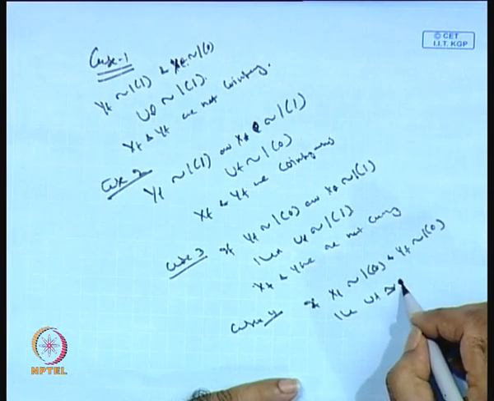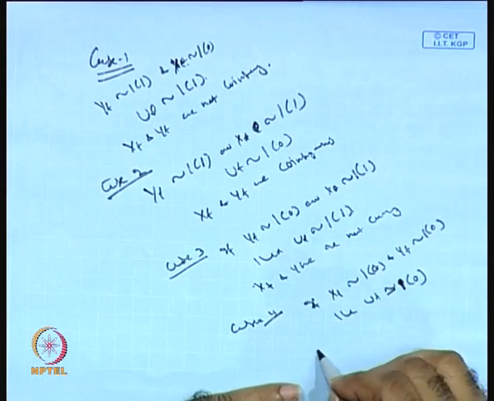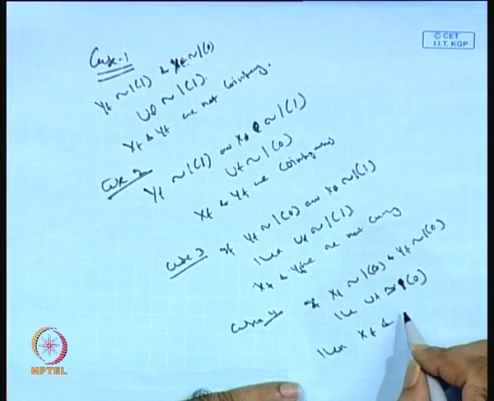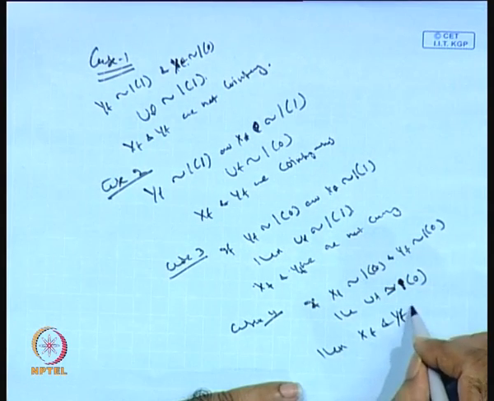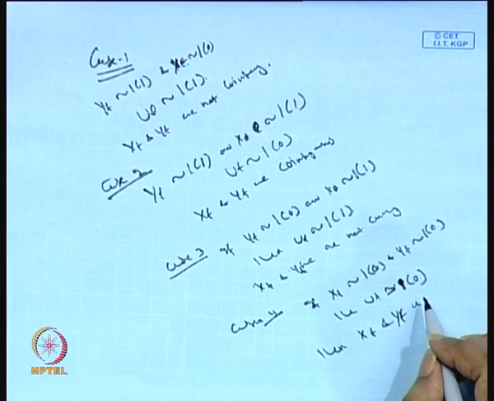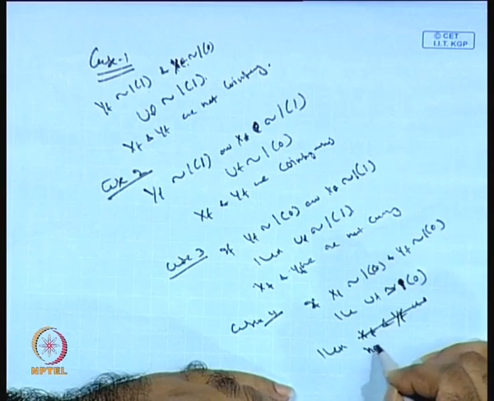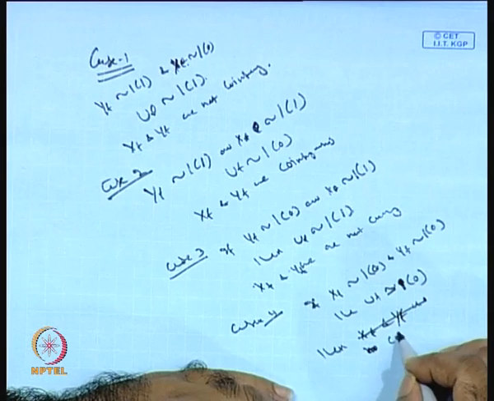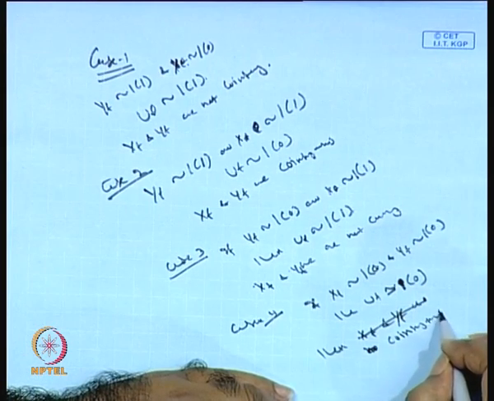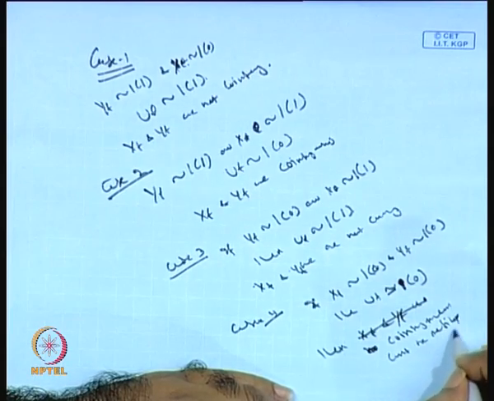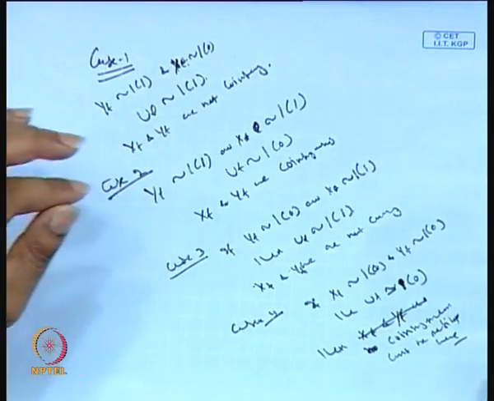Then x_t and y_t are, well, co-integration cannot be possible here. This is all about the easy test.